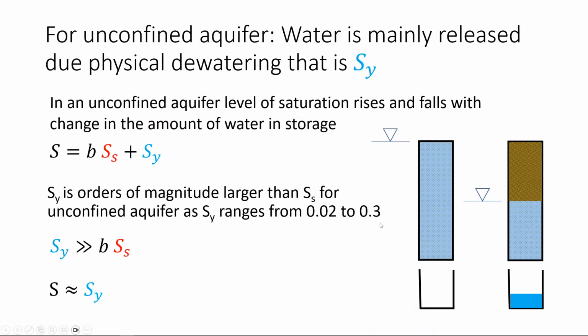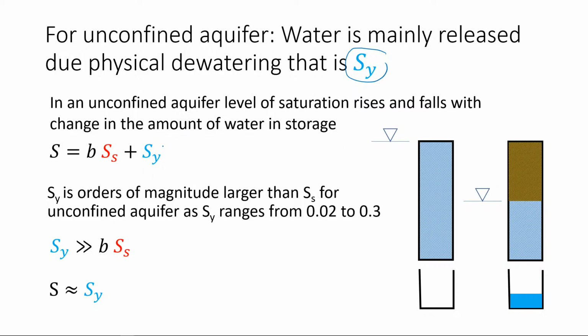Now, for an unconfined aquifer, it's a little bit different. Water is mainly released due to physical dewatering. That is the specific yield. In an unconfined aquifer, the level of saturation rises and falls with the change in the amount of water in storage.